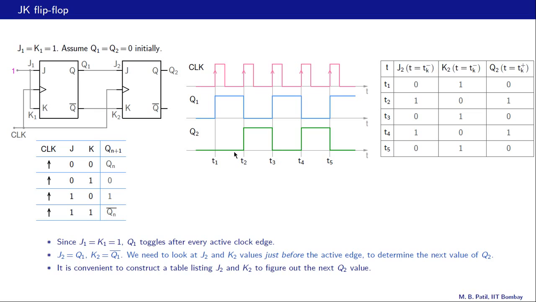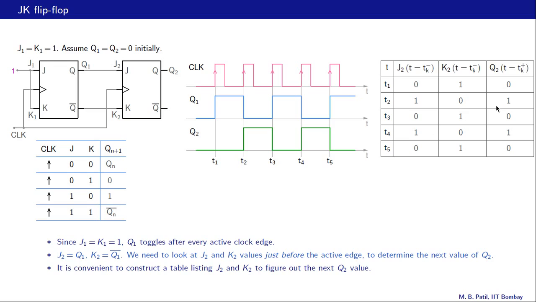Alright, now the next change can happen at the next active edge, which is T2, and we need to look at J2 at T2 minus and K2 at T2 minus. This is our T2. T2 minus is just prior to that, and at that time Q1 is 1, therefore J2 is 1, K2 is Q1 bar, so therefore that is 0, and we are now looking at J equal to 1, K equal to 0, so Qn plus 1 equal to 1.